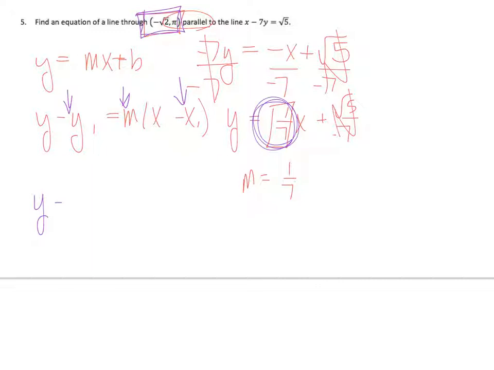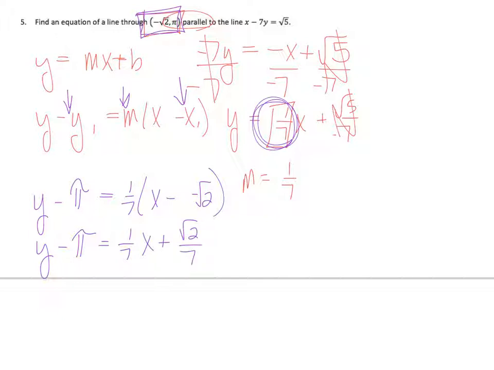Y minus pi equals 1/7 x minus the negative square root of 2. Simplify a little bit. Y minus pi equals 1/7 x plus the square root of 2 over 7.